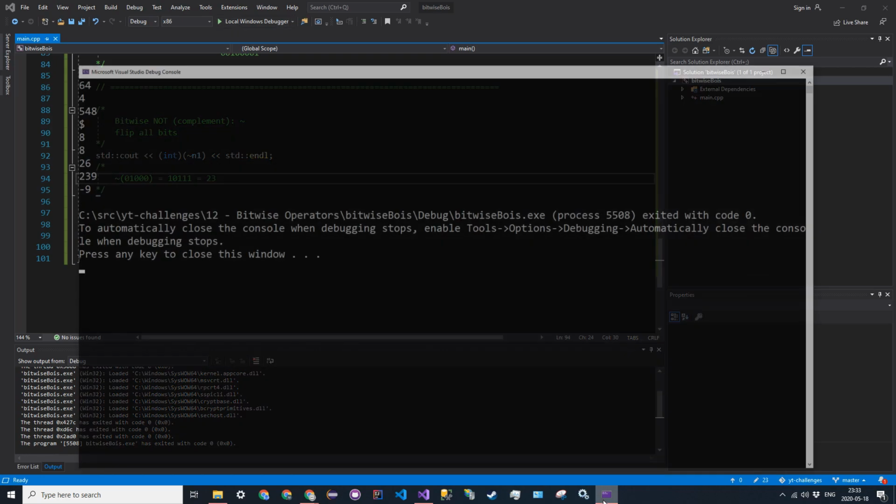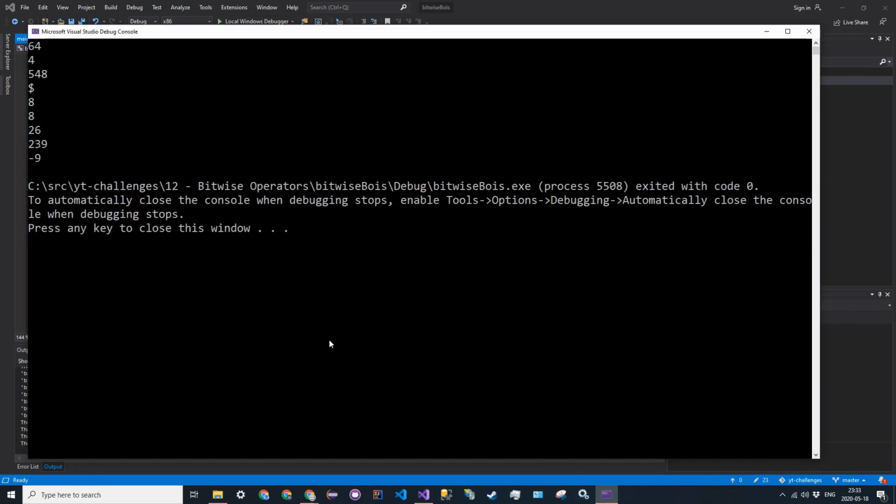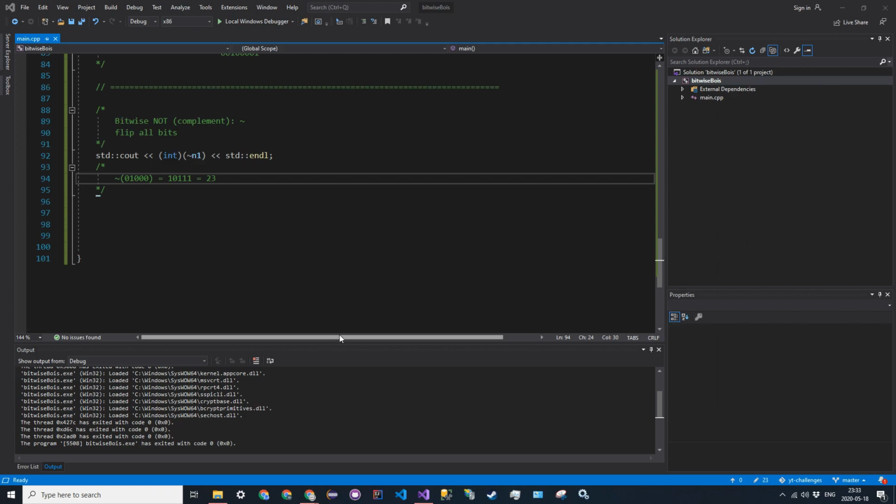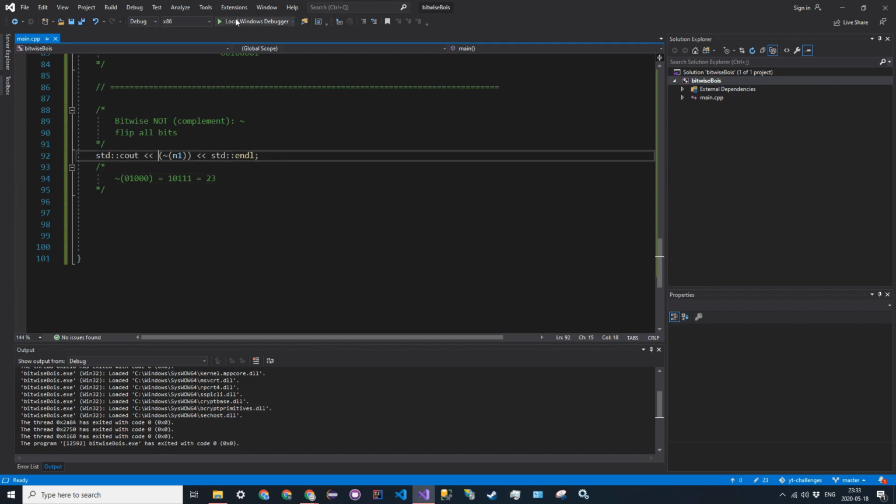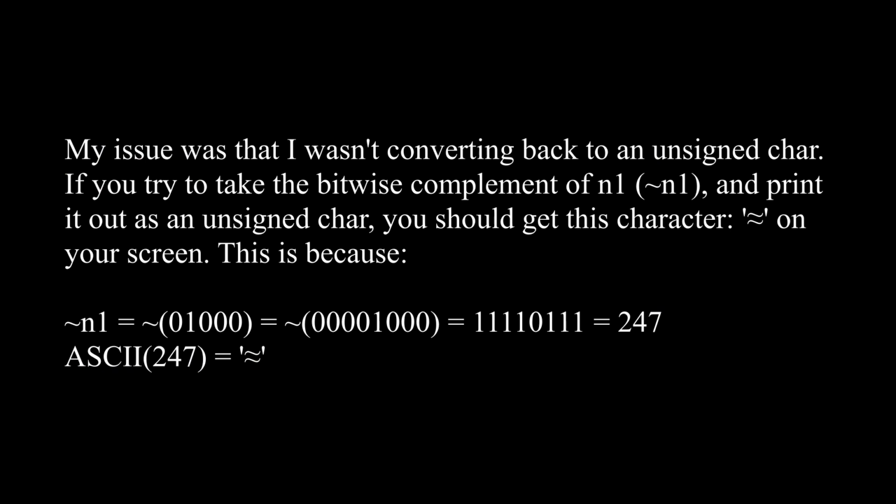What happened? -9. That's not right. Oh, you know why? Because it's treating it as 8 bits, but we actually only gave it 5. So let's get the complement of 0b 0 1 0 0 0 0 0 0.